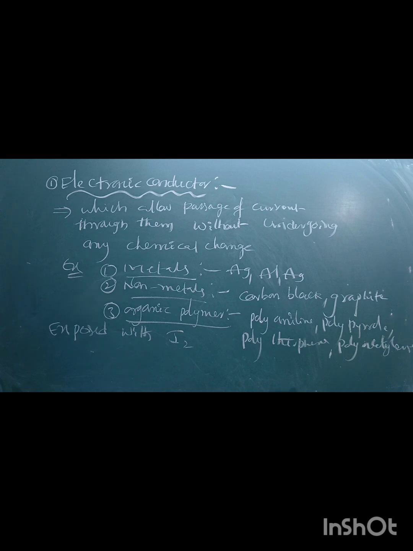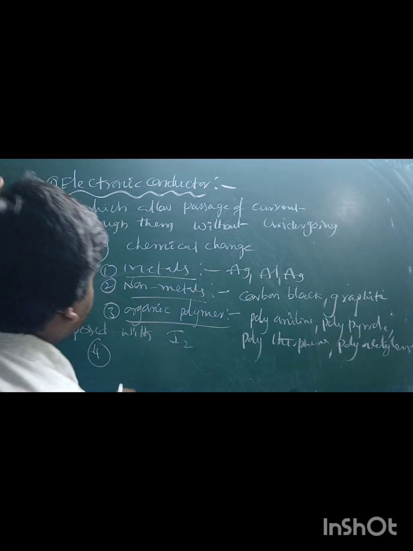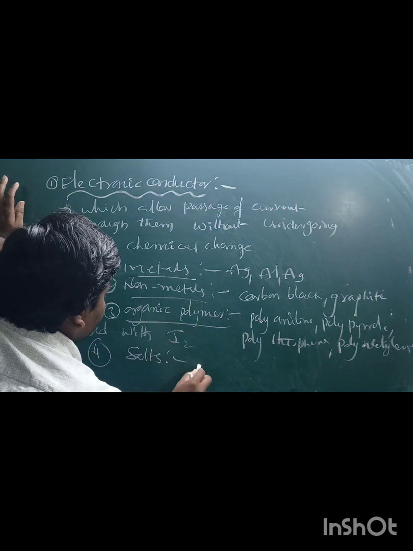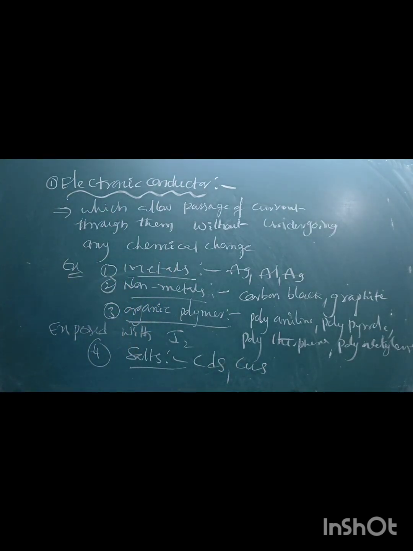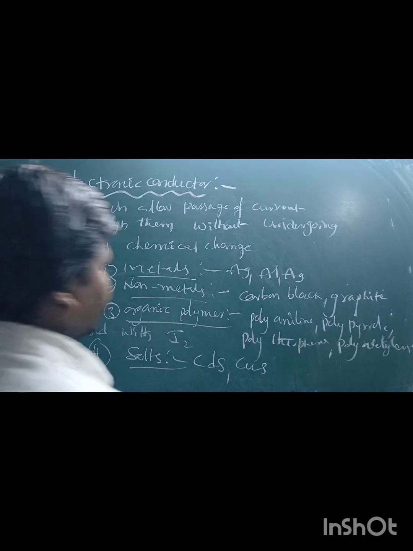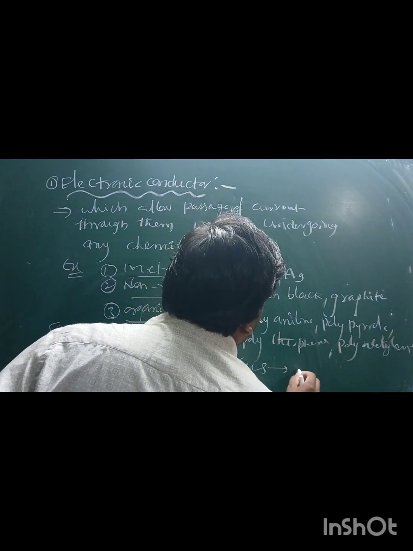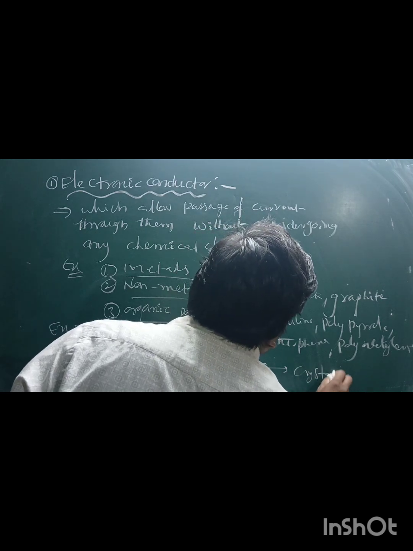And finally, the last example, some salts like cadmium sulfide and copper sulfide. The electronic conductance of cadmium sulfide and copper sulfide is due to the crystal defect or interstitial defect.